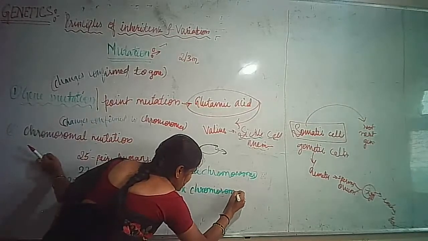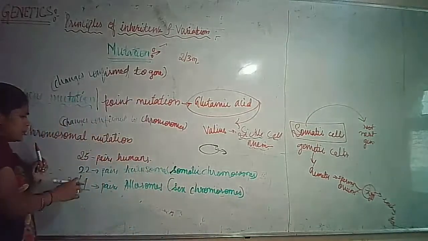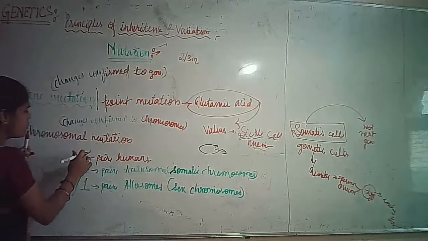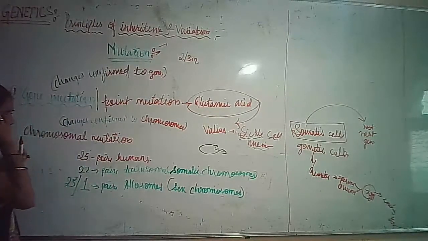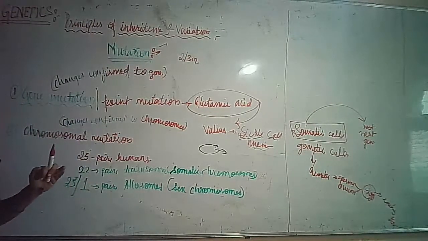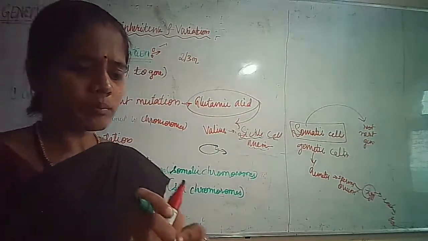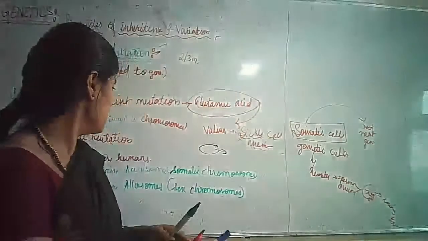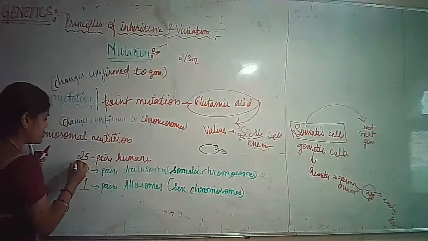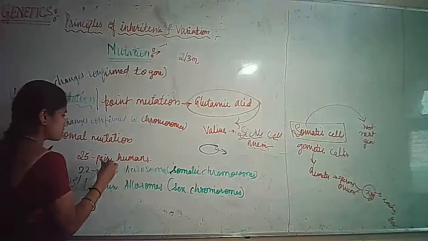Isn't it clear with this data? Because only 23 pairs are there. Among these 23 pairs, what happens?